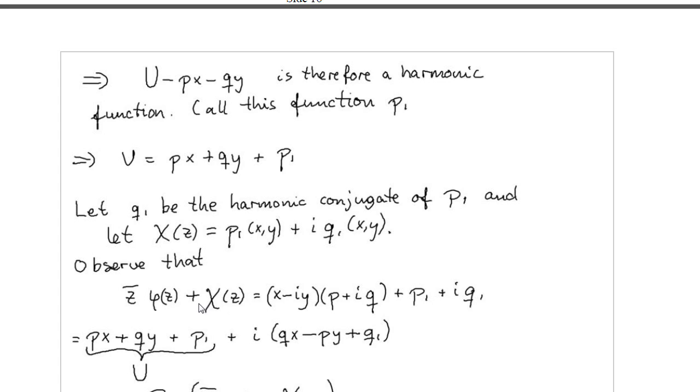We know that this phi, we have already seen, is equal to p plus iq, so we obtain this, and recently we defined this function chi by this expression.